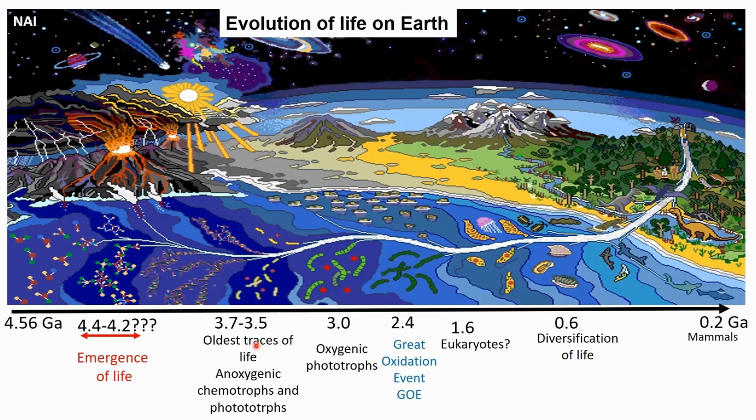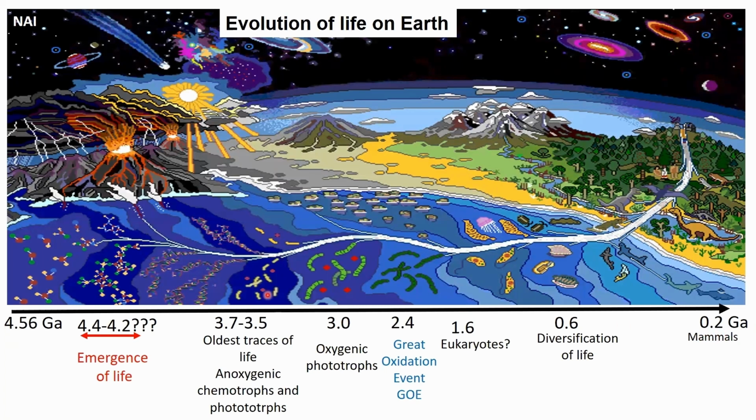We don't have a record of that. These are the oldest preserved traces, going into oxygenic photosynthesizers with the great oxidation event about 2.4 billion years ago, when oxygen started rising in the atmosphere. And so through to the evolution of eukaryotes, diversification of life, and up to mammals.